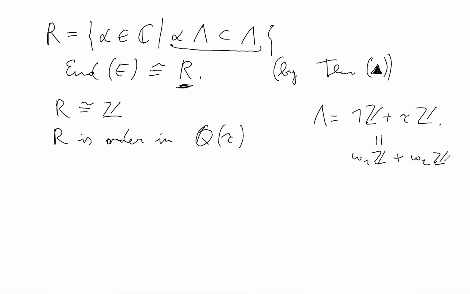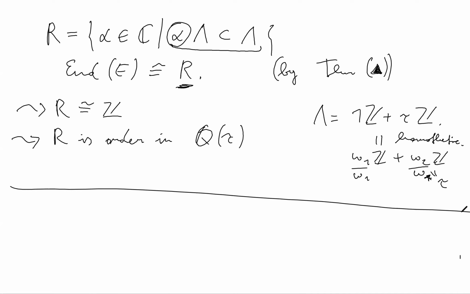I can just divide everything by omega 1, and I call this tau, right? Because these two lattices are actually homothetic, so they define the same elliptic curve. And showing this is basically looking at quadratic equations. That's not hard anymore. It's just thinking about how two of these lattices can be related by looking at these alphas.